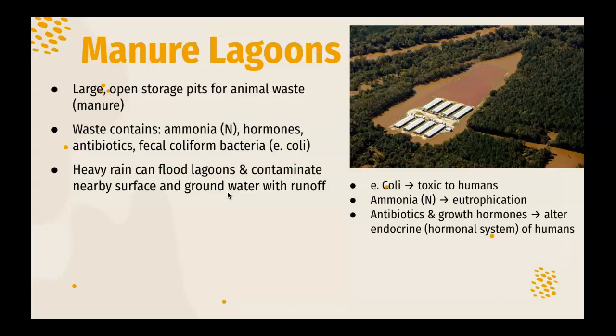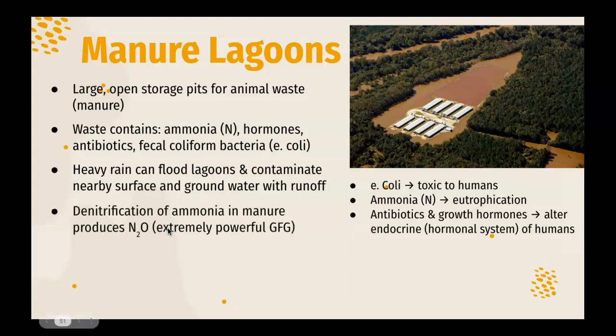And then those antibiotics and the growth hormones that are given to the animals to alter their hormonal system can also, if consumed by humans, alter our endocrine system. They can disrupt the endocrine system and cause all kinds of issues with reproductive systems.